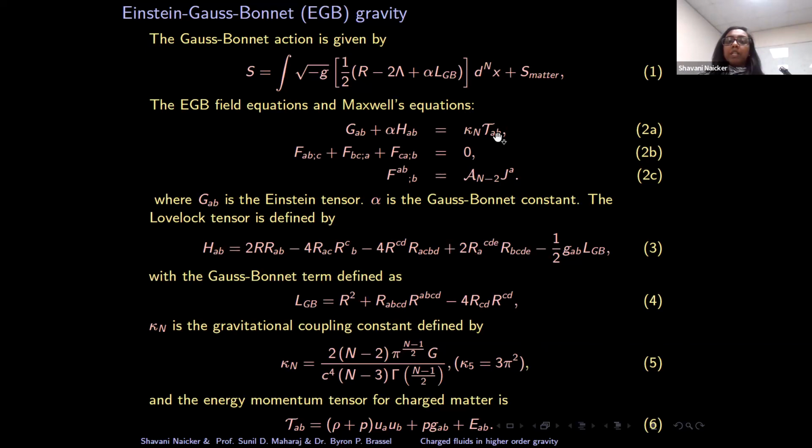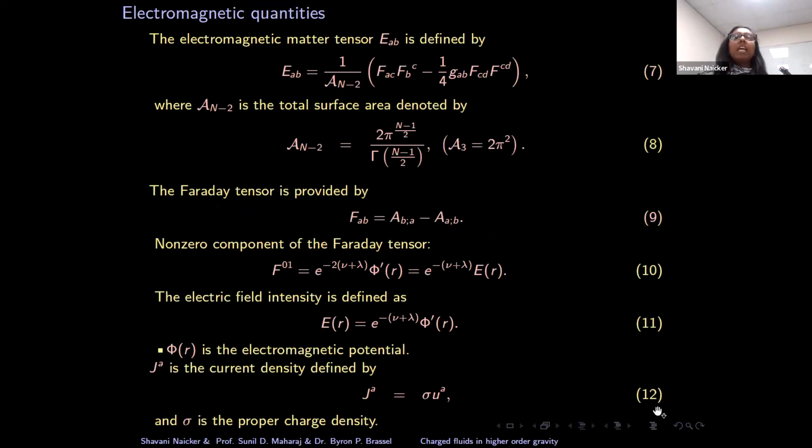The energy momentum tensor for charged matter is defined by equation 6, and E_AB is the electromagnetic tensor defined in equation 7, where the total surface area term is defined by equation 8. Once again, when n equals 5, this takes the form of 2 pi squared. The Faraday tensor in equation 7 is defined by equation 9.